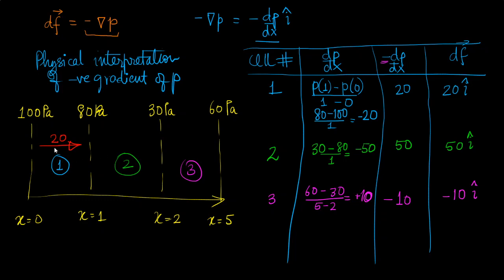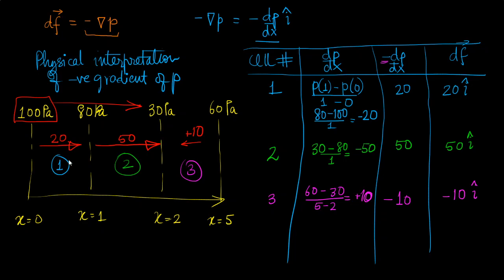If I draw, so if this is 20, the force in the second cell was 50. It was larger than this. So this is 50. And in the third cell it is minus 10. So it is something like this. So it's 10 but pointing in the other direction. So what is our interpretation? Minus gradient of pressure is showing me the direction from higher pressure to a lower pressure.